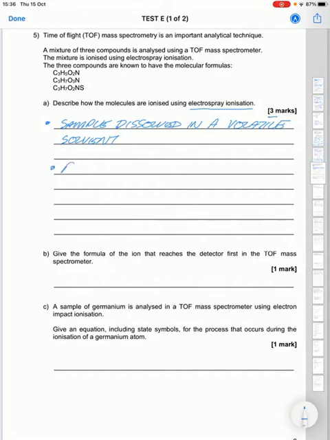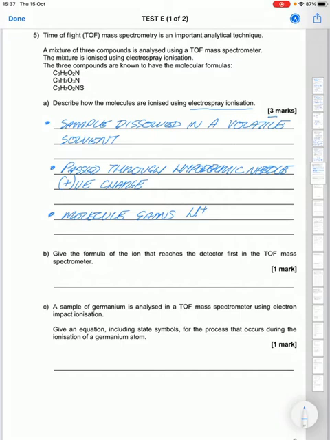It's then passed through a hypodermic needle with a positive charge. And what that does then, as the solvent evaporates, the molecule gains H+.